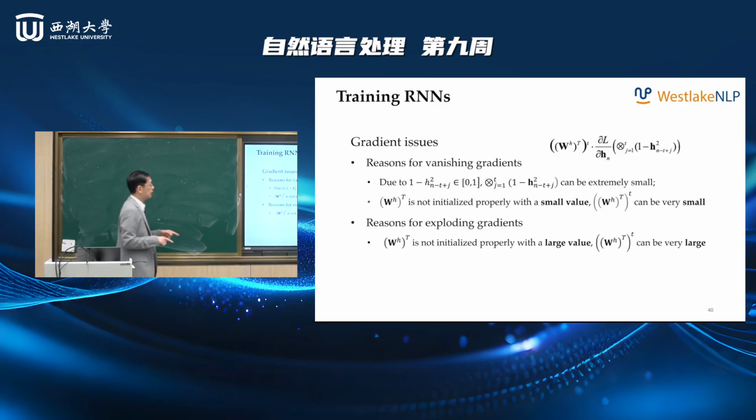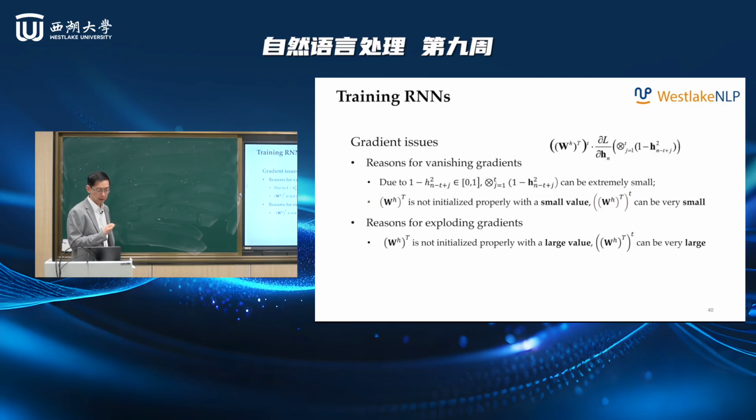Okay, I copy that equation to this slide, and you see that the power term grows with t. There could be issues. Imagine the norm of your WH is small, okay? It's a small value.